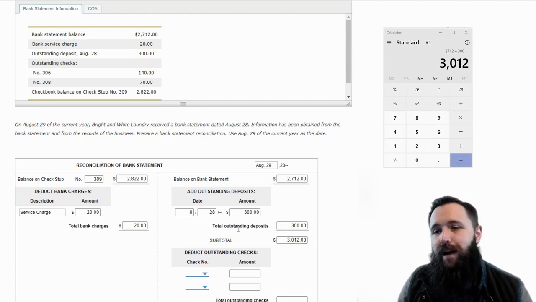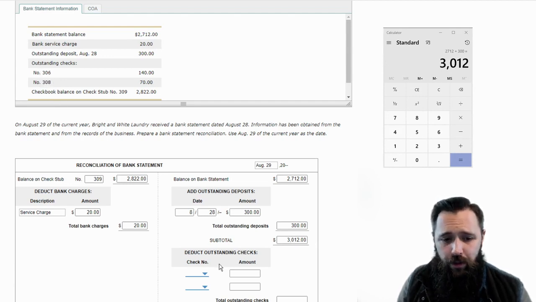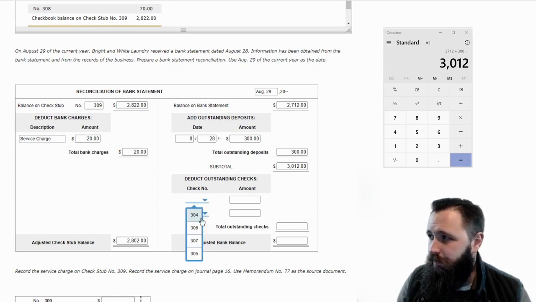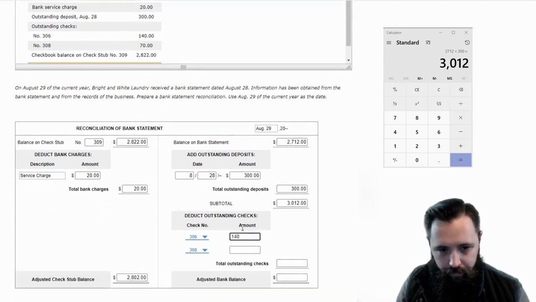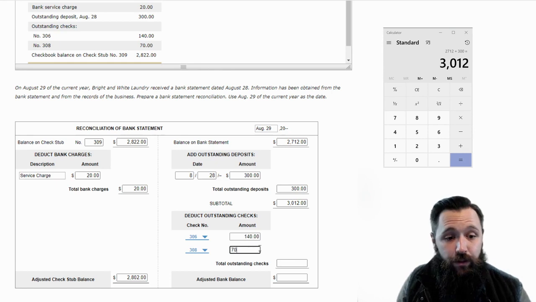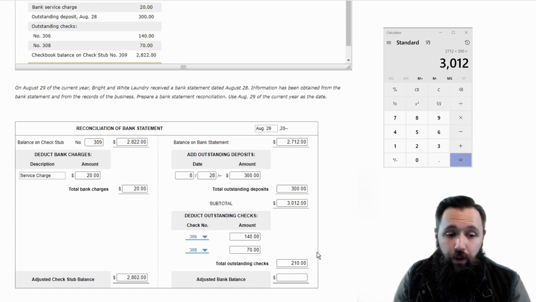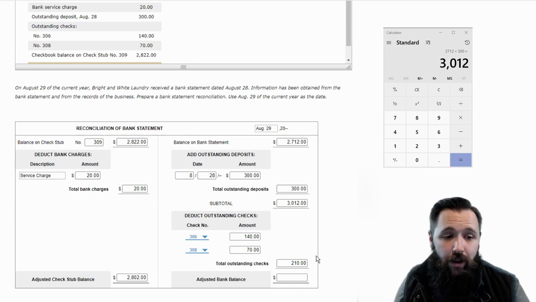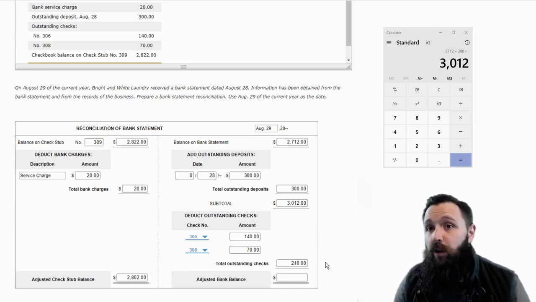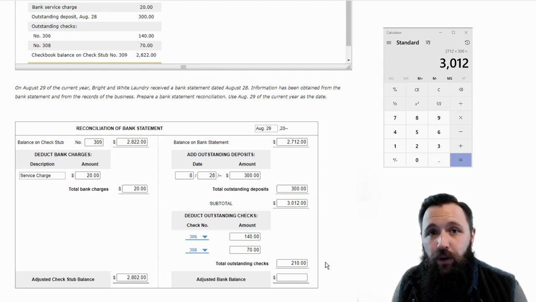What do we have next? Well, we have our check numbers, and we're going to list these in order, but we have check number 306 and 308. So these are outstanding checks. So let's put 306 and 308 and put in the amounts, 140 and 70. Then we add those two up to get our new outstanding checks, $210. The checks we've already written, given out to people so they can cash them or deposit them.